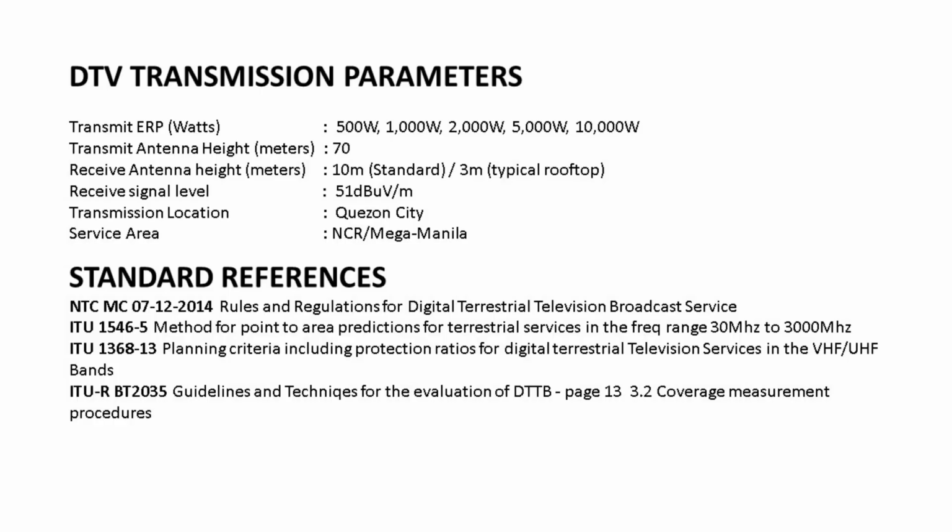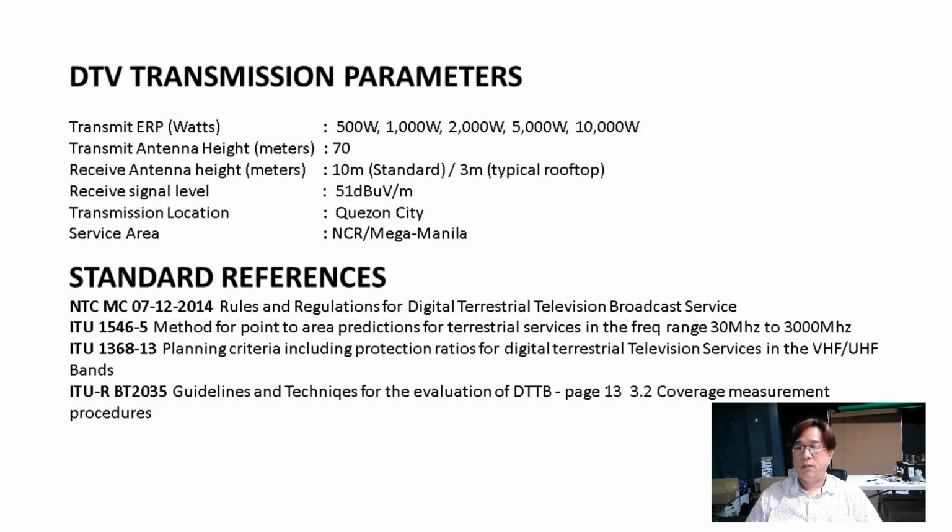In this episode, we'll be basing our discussion on several parameters. First would be the ERP for each at 500 watts, 1000 watts, 2000 watts, 5000 watts, up to 10,000 watts.